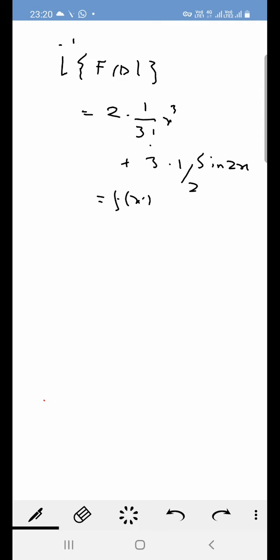Now there are some relations which we should know about the Laplace transform.